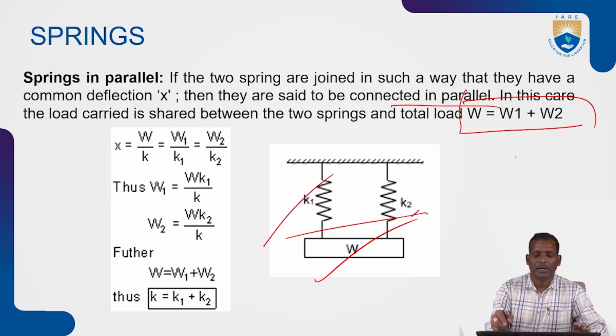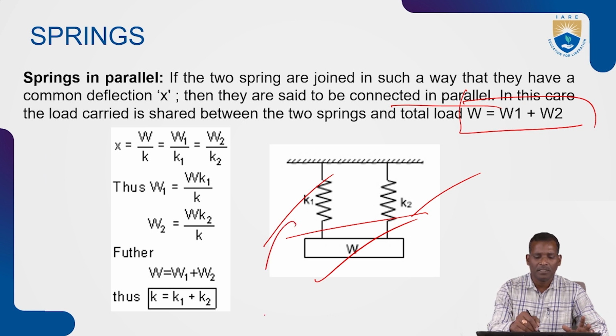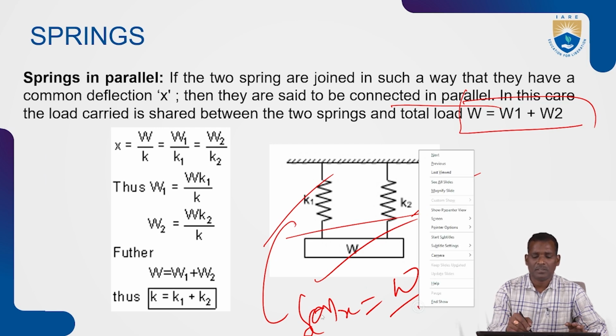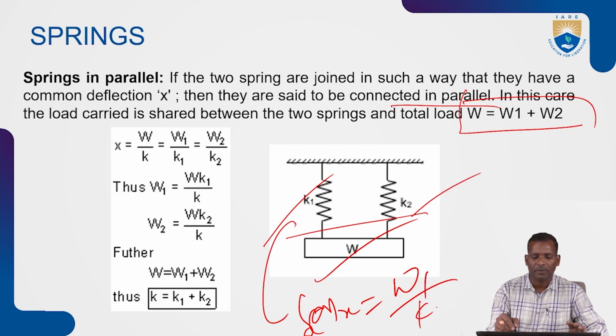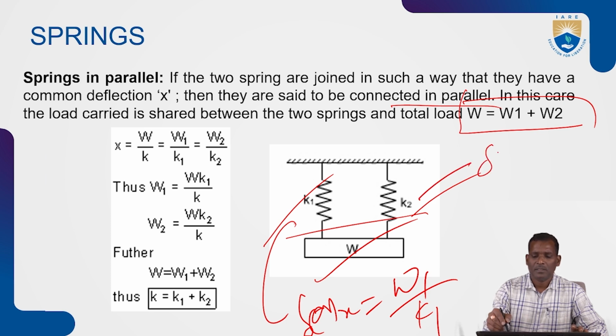Here the stiffness are K1 and K2. So the deflection delta X is W1 by K1 for the first spring, and similarly delta X is W2 by K2 for the second.